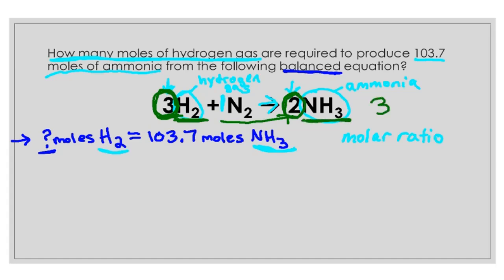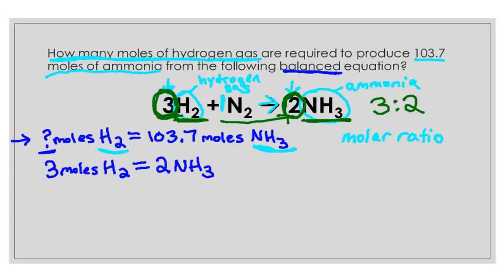So we have a 3 mole of hydrogen gas to a 2 mole of ammonia ratio. We need to include that in our data table. We need to say 3 moles of hydrogen gas is going to be equal to 2 moles of ammonia. So that's what I mean by the molar ratio. For every 3 moles of hydrogen gas, 2 moles of ammonia is made.